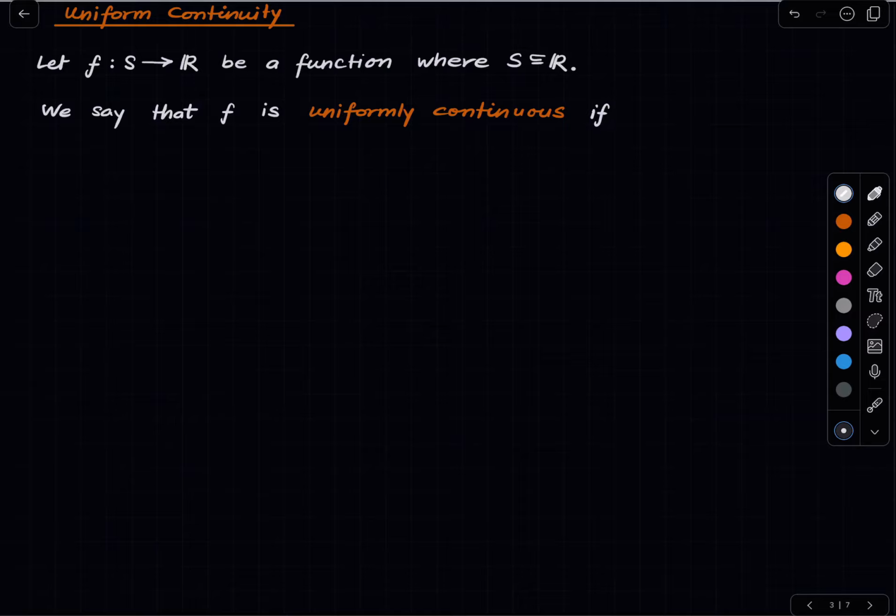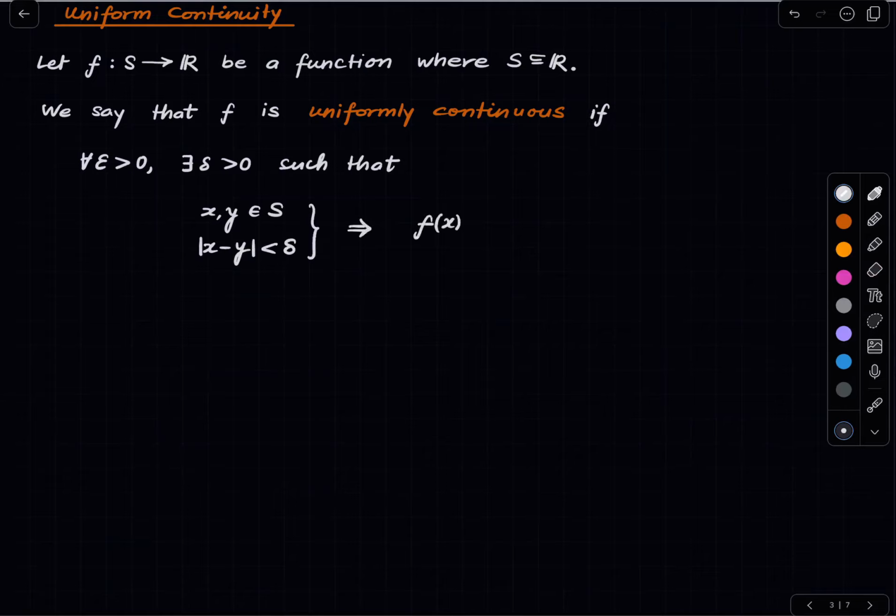It says that for all epsilon greater than 0, there exists delta greater than 0 such that whenever we pick 2 points in the domain which are distance less than delta apart, we have the corresponding points in the images are less than epsilon apart.